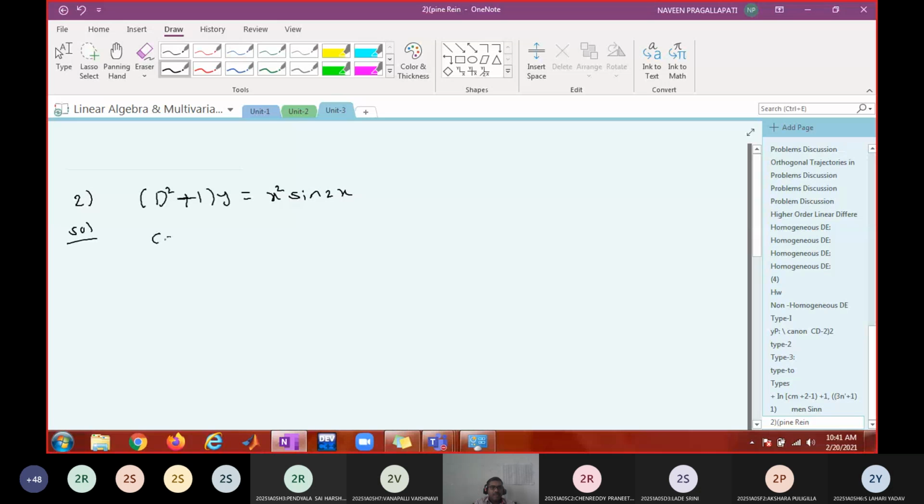So first consider the homogeneous differential equation. Homogeneous means right hand side 0. Write down the auxiliary equation.